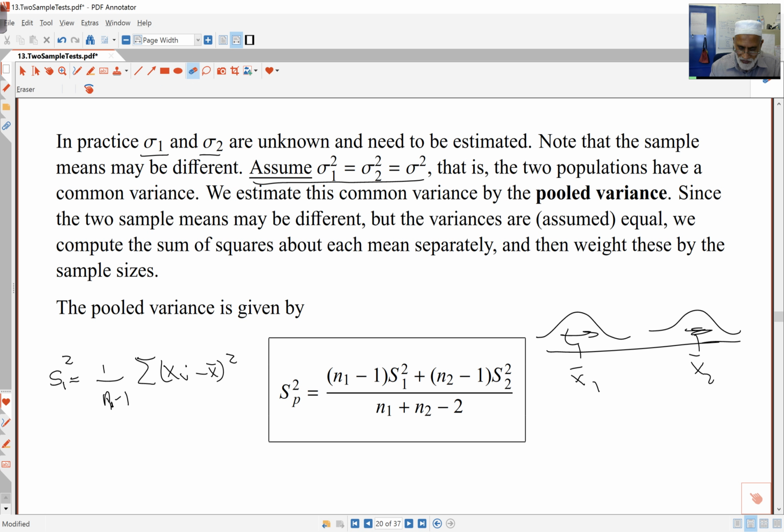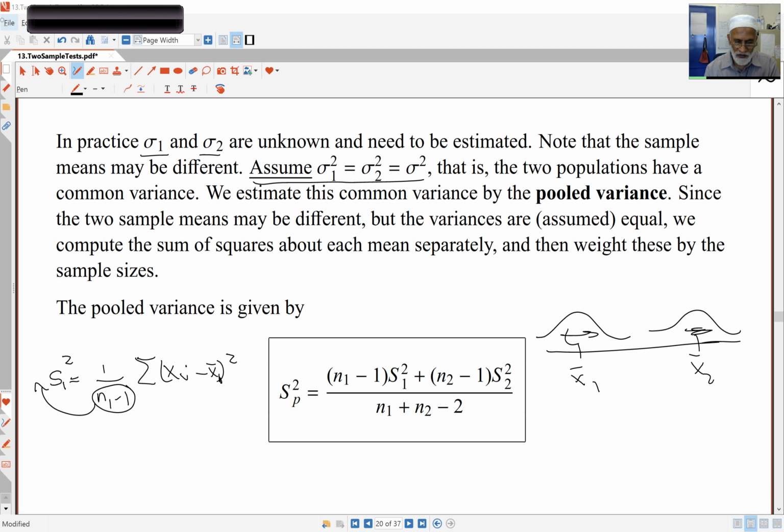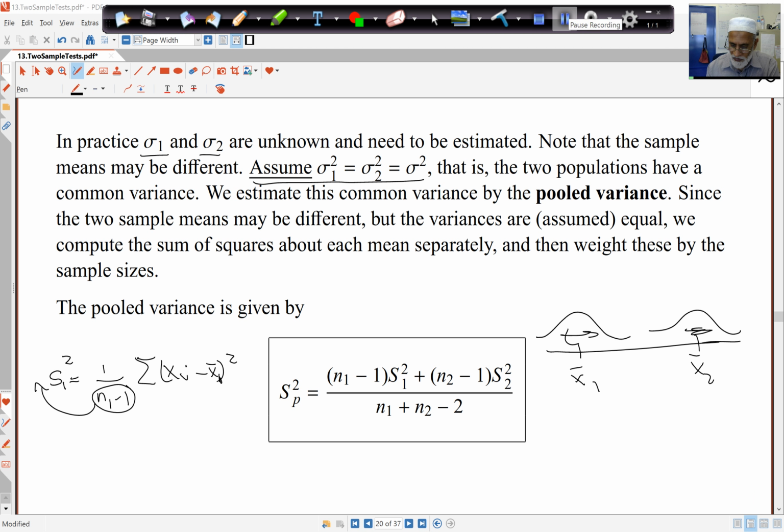And so if I take this across to the other side, I get the sum of xi minus x1 bar squared is just n1 minus 1 times s1 squared. And then I do the same to the other side. So this gives me the two variances over here. So I've got two sums of squares here. What I'll divide by here is going to be n1 plus n2 minus 2.